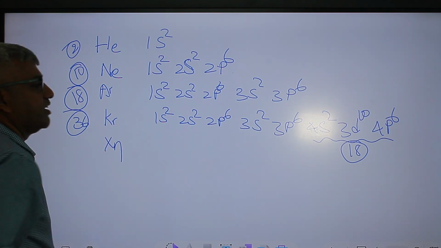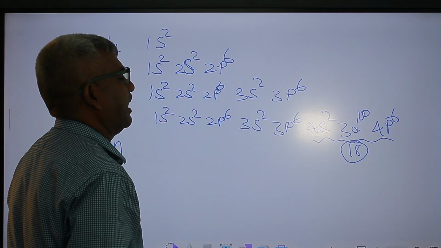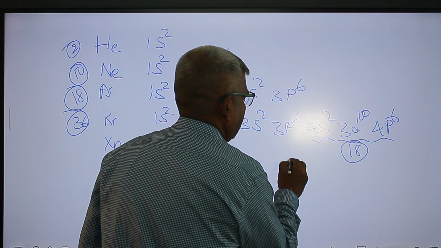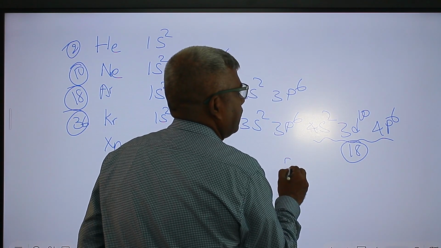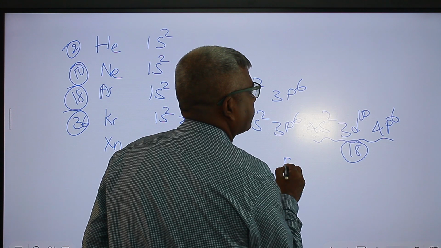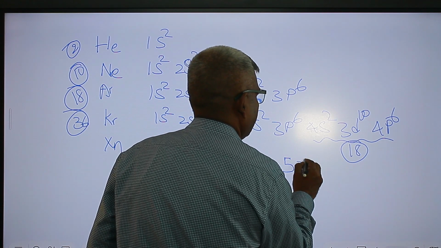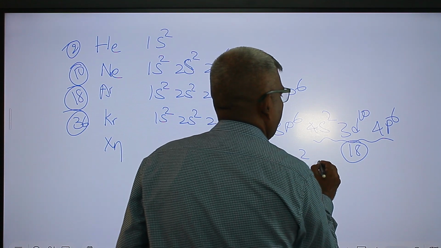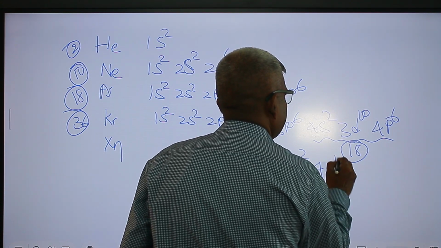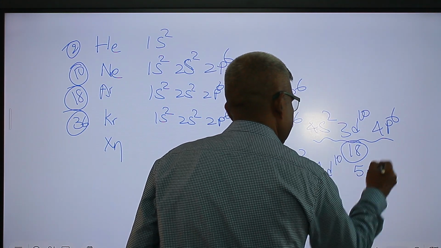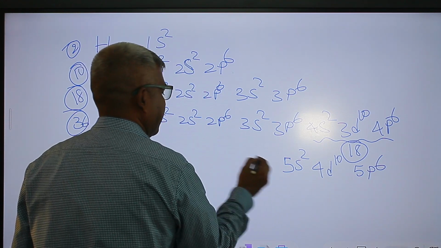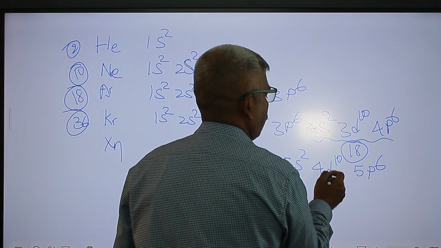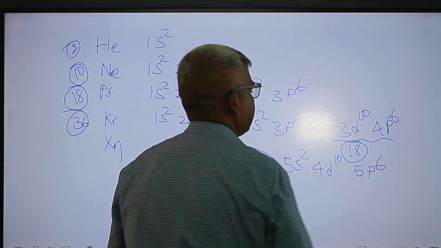This 18 is added. So from 18 to 18, 36. Xenon: the same way, another 18 will be added: 5s2, 4d10, 5p6.